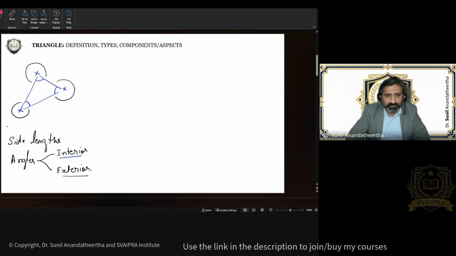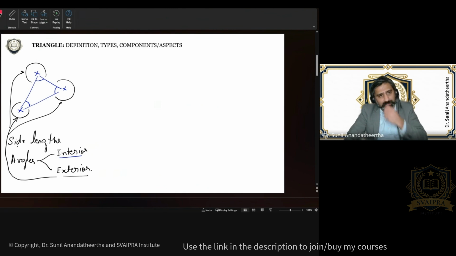If you would like me to give an arrow mark over there, I can give it to you. So one is here, the other one over there, and the other one over there. Wonderful. So now we are also going to look at how we write down the names of these triangles.